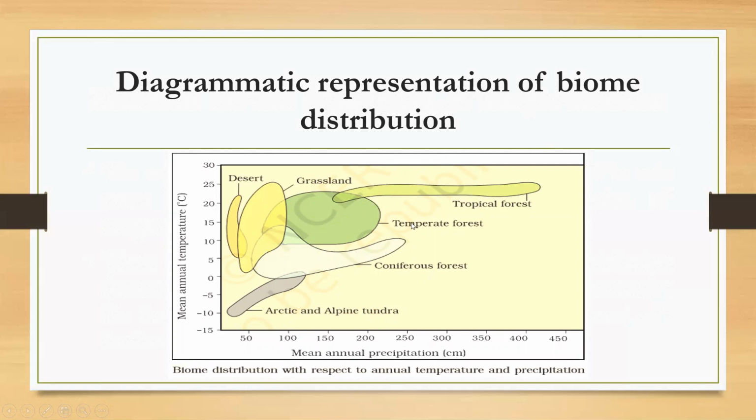So these are the various types of biomes developed on the earth because of the movement of the earth, variation in the intensity of temperature, variation in the seasons, and variation in the rate of precipitation. So this is about the development of biomes.